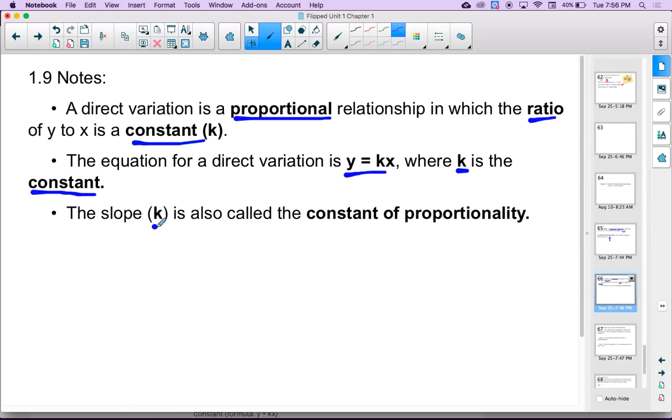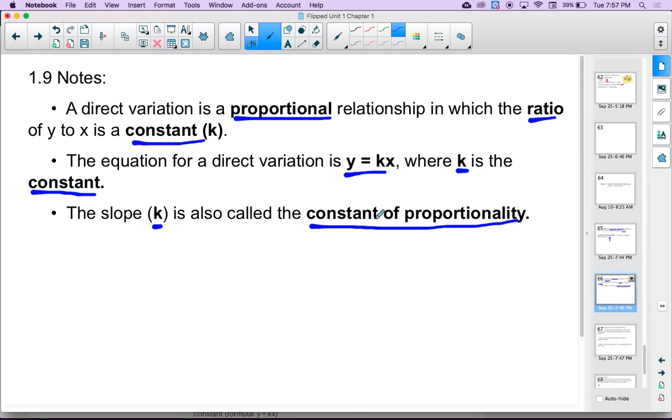The slope k is also called the constant of proportionality. So it's a bunch of different names pretty much for the same concepts. So this time we're calling it a constant of proportionality. Really, it's that constant unit rate. It's also the slope. Okay, so it's just a new word talking about the same kind of thing.